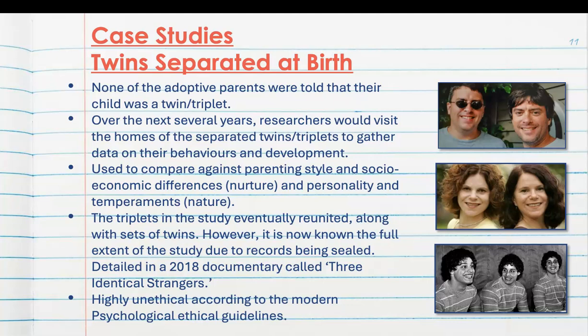The full extent of the research is still unclear due to sealed records, but the case was publicised in the 2018 documentary Three Identical Strangers, which we've watched in class. By today's standards, the study is considered highly unethical, lacking informed consent, transparency, and respect for the children and the families involved.